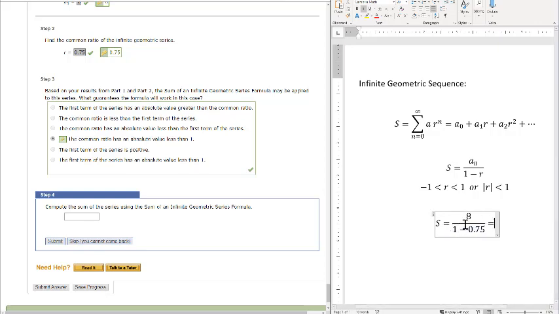So if we figure this out, 8 divided by 1 minus 0.75 is 8 divided by 0.25. That's like 1/4, and 8 divided by 1/4 is like saying 8 times 4, the reciprocal, so that should be 32.